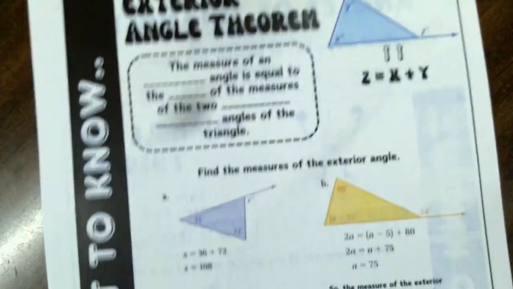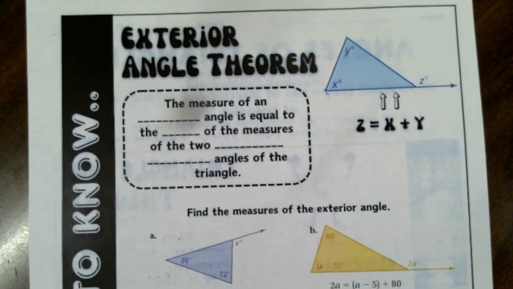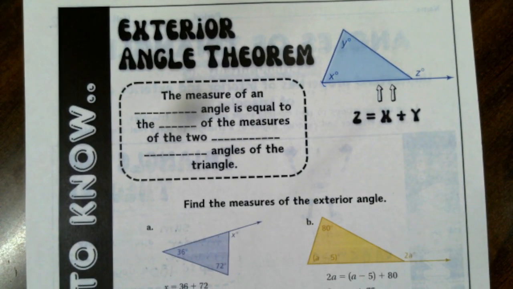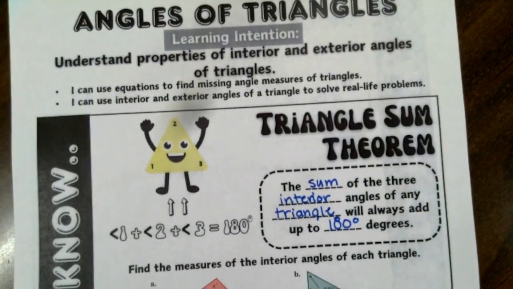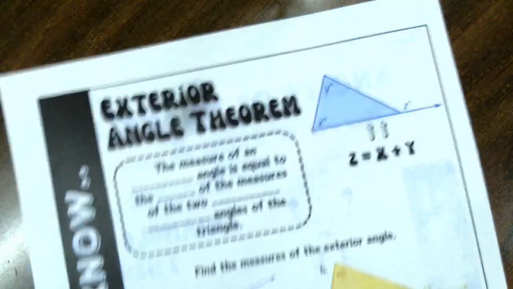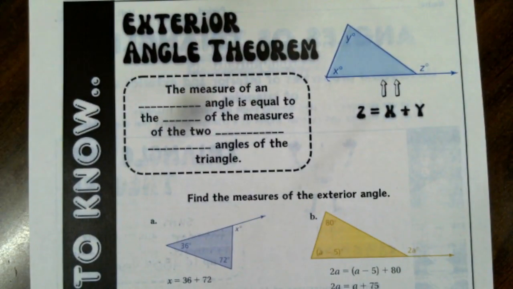Okay, so you should have finished that first before you're flipping the page. So here's the exterior angle theorem. On the first side we did the triangle sum theorem, which told us about the interior angles. And now this one is called the exterior angle theorem. So here's what we need to know about this.